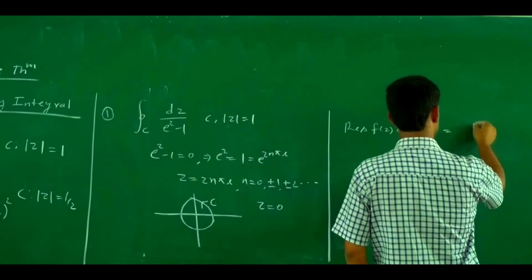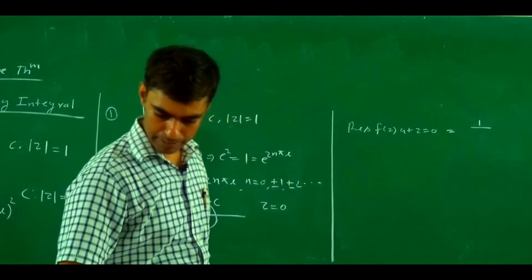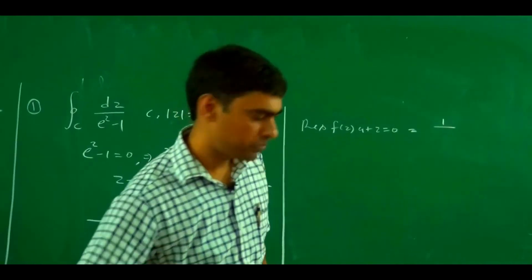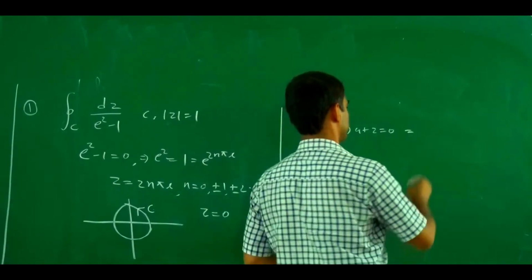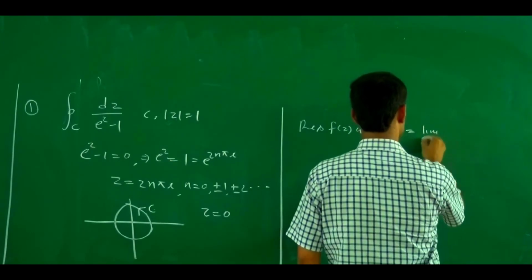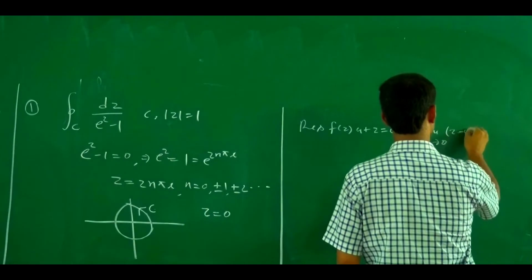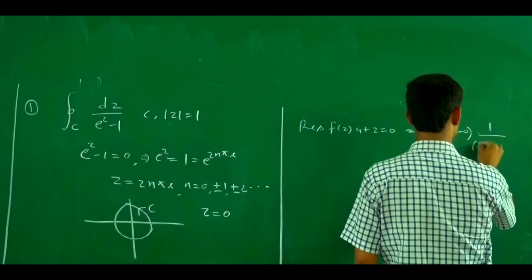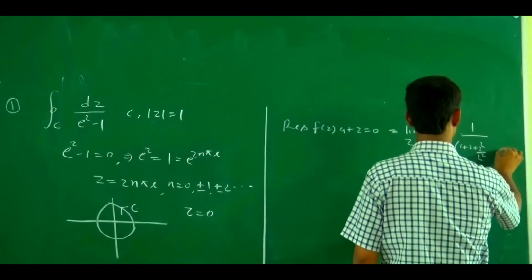This becomes 1 upon what? So here we write in this form, limit z tends to 0, z minus 0, and this becomes 1 upon e to the power z minus 1, 1 plus z square upon factorial 2 up to minus 1.